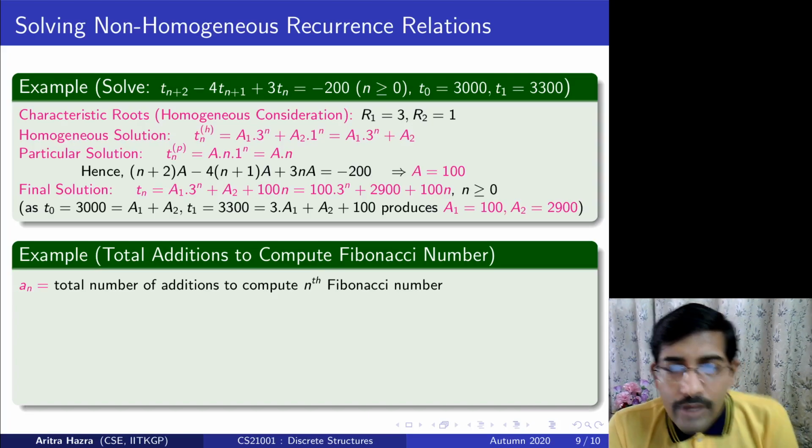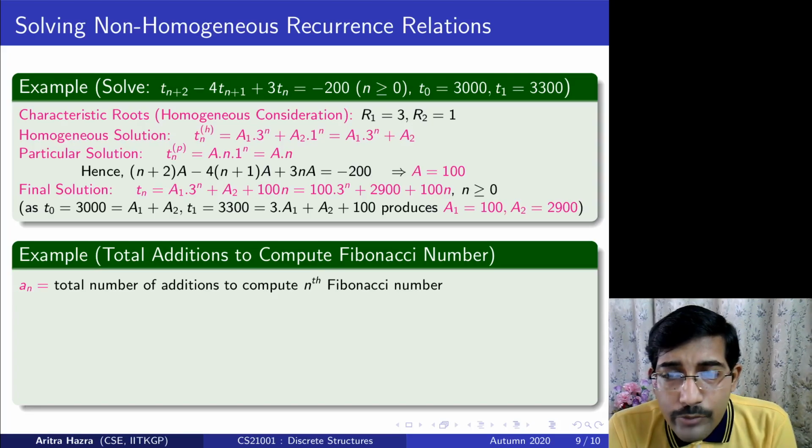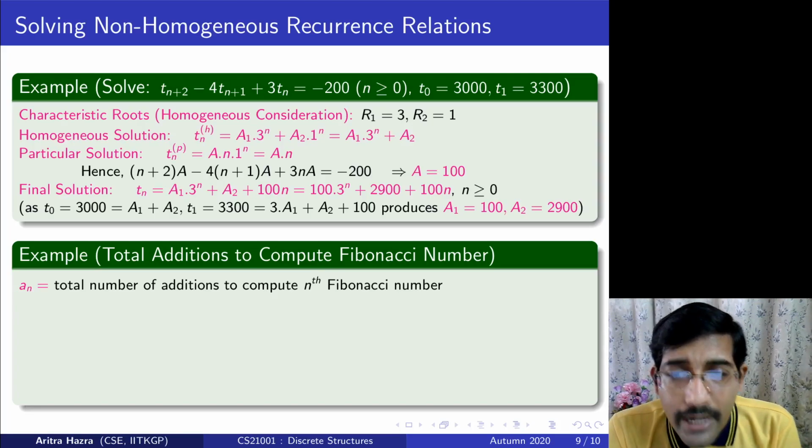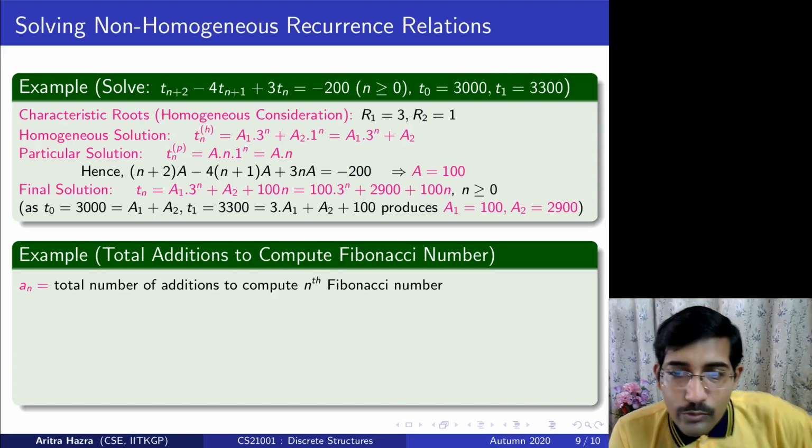So we have computed the nth Fibonacci number using the second order homogeneous form. But every time we compute the nth Fibonacci number, we use one addition with the n-1 and n-2th Fibonacci numbers, we add them. So how many such additions do we perform if I write a program using this recursive formulation?